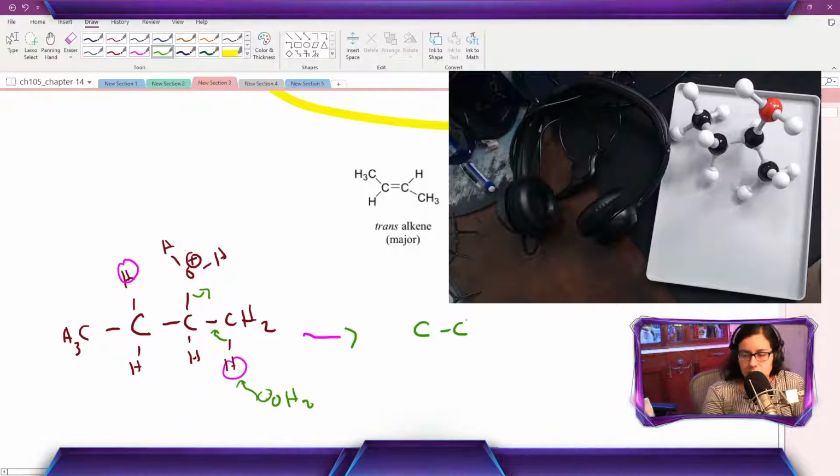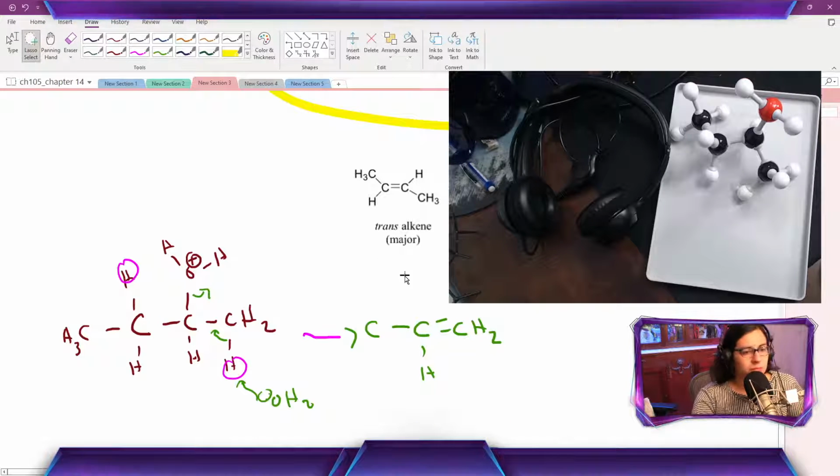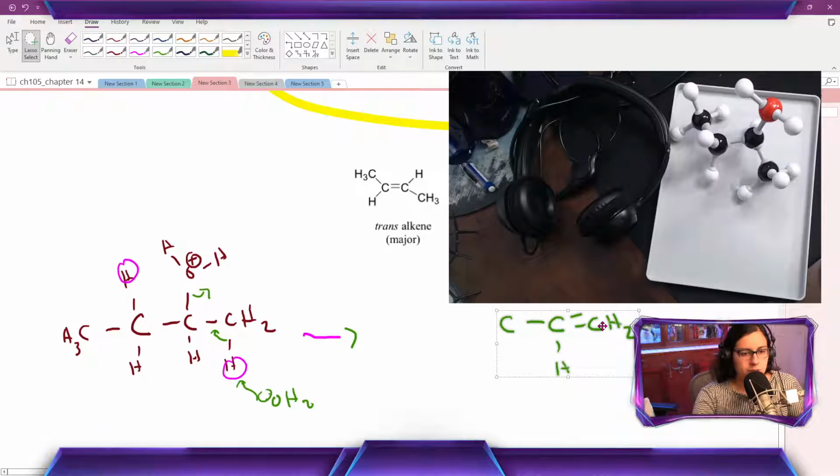And so you can use your kit to visualize that. Didn't give myself enough space.